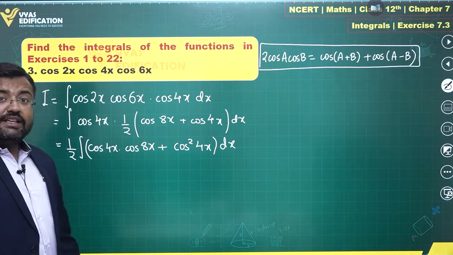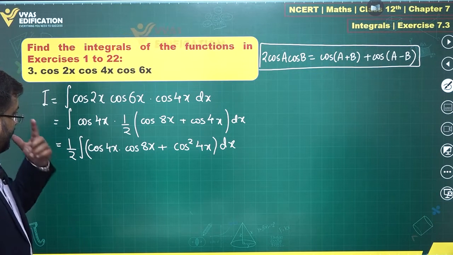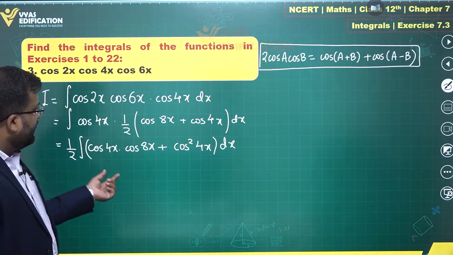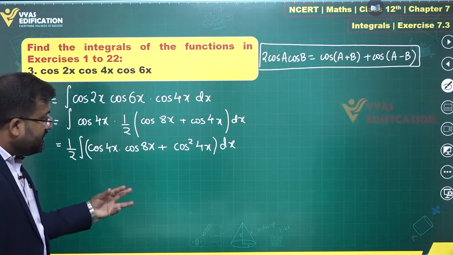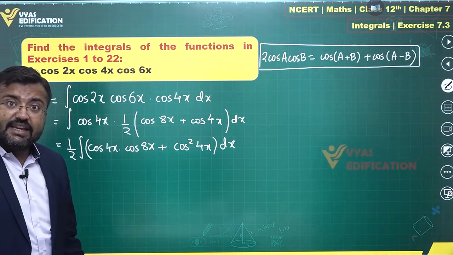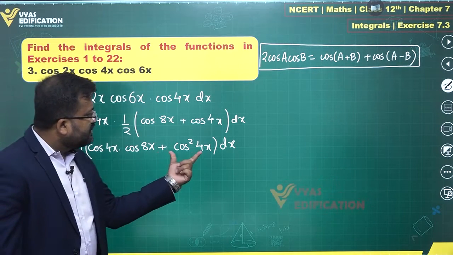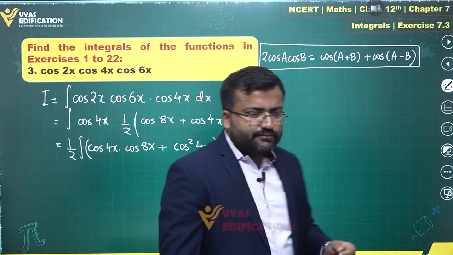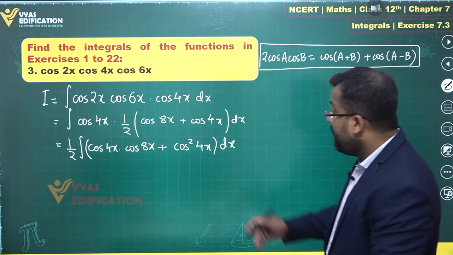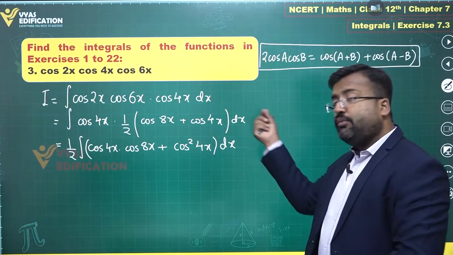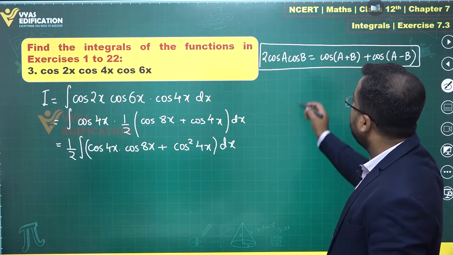What do we do in this particular case? If you observe carefully, cos 4x into cos 8x can again be converted using that result as sum of two cosines, yes. Moreover, this cos square 4x, now in one of the previous questions we saw sin square x can be converted. This power can be reduced by converting into multiple angle, right? And that is what you'll be doing.